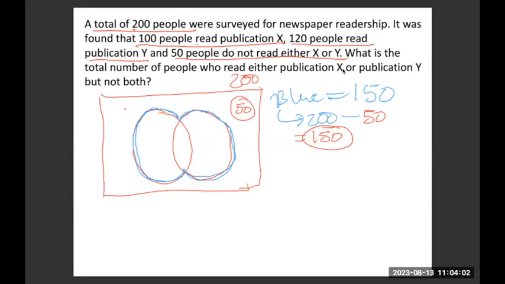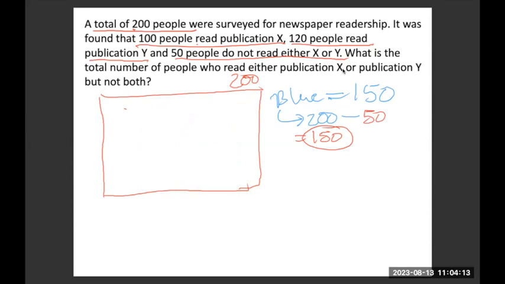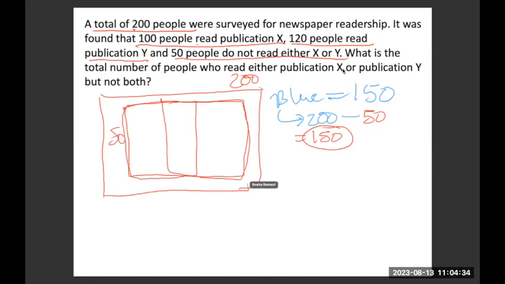To make it clear for you, let me just draw this again. So there are 50 people here who are not reading X and Y. And inside this, there are a few people who are reading X, and then there are a few people who are reading Y. This is the intersection of both.